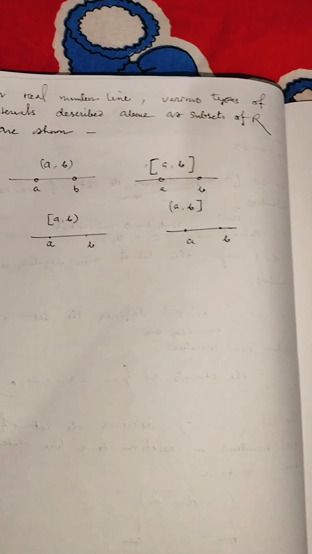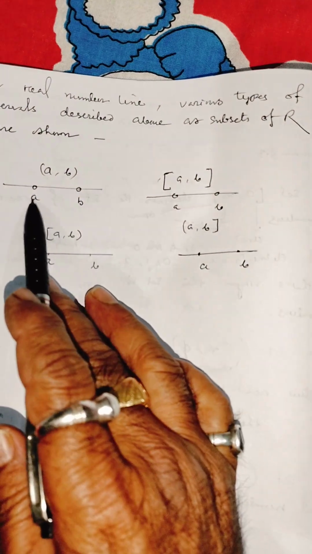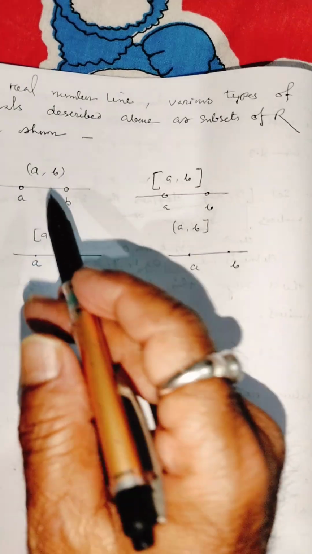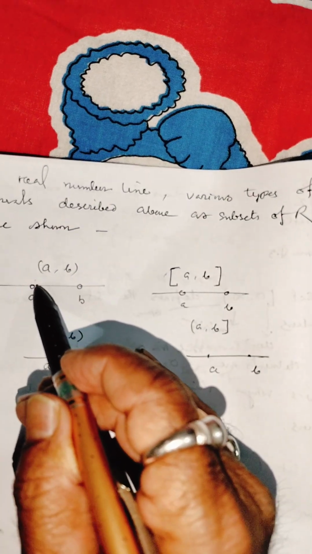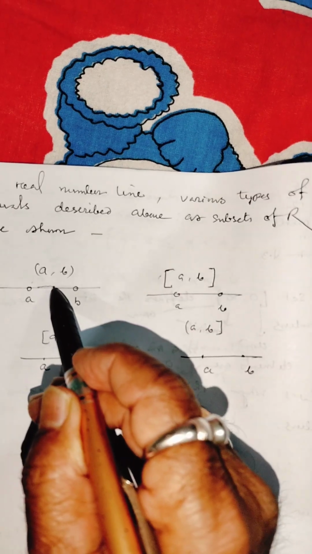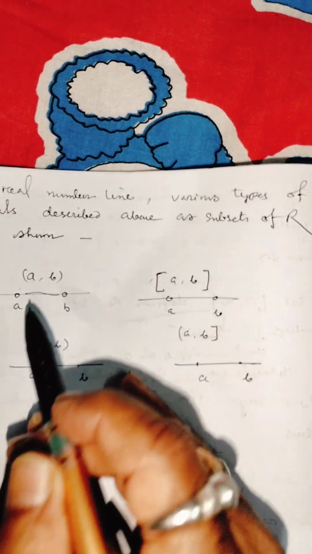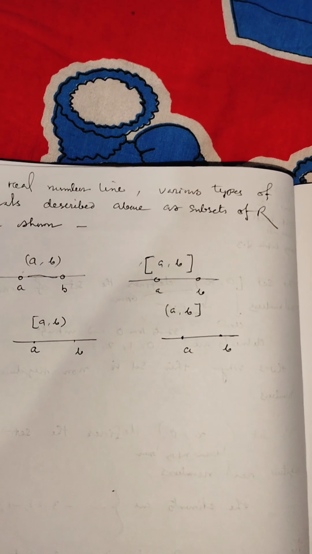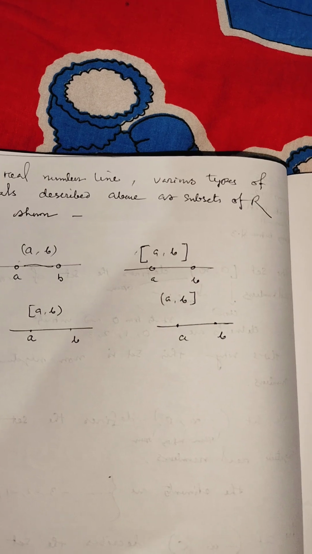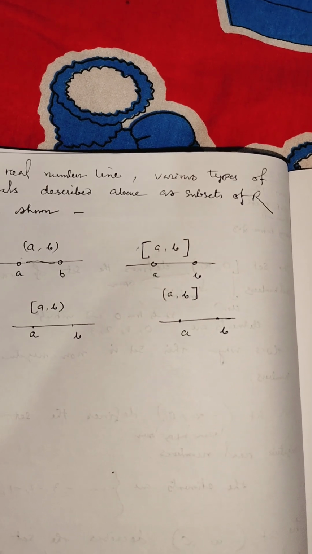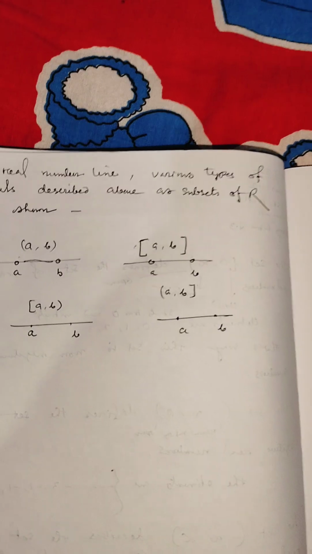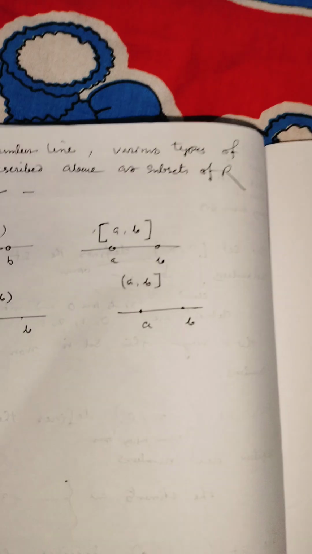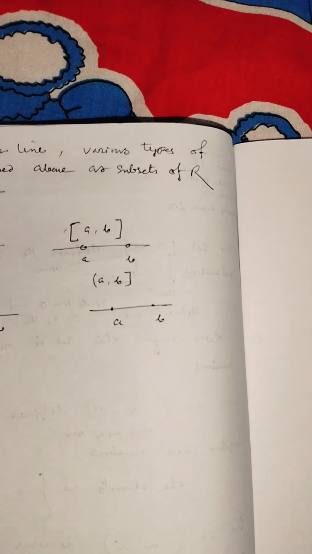It does not start from A, and in between A and B, it does not touch B. The elements are not A and B, but in between A and B, because these are open. And now next, both are closed.